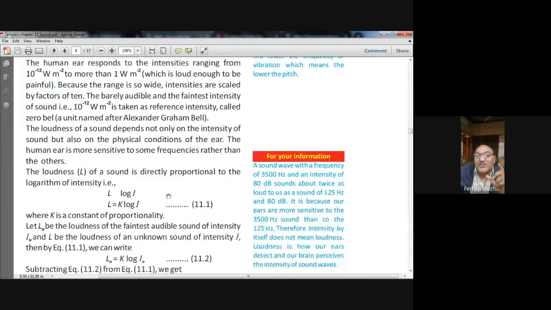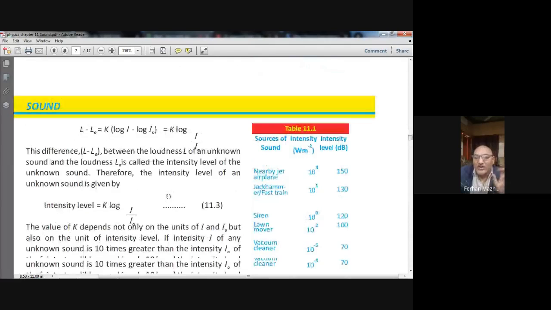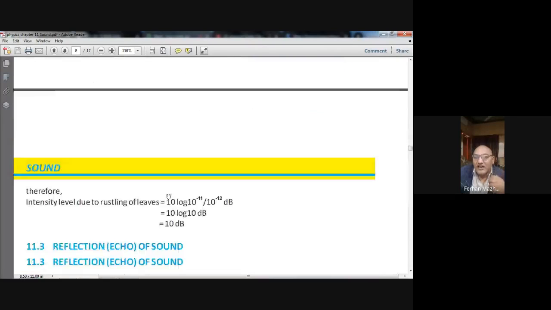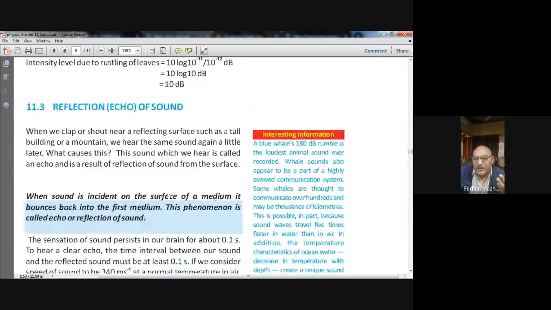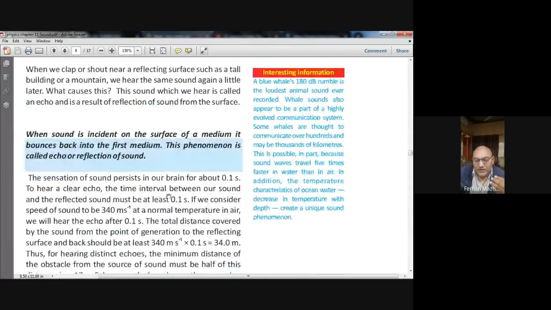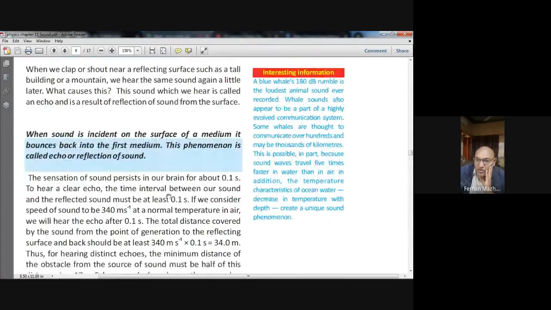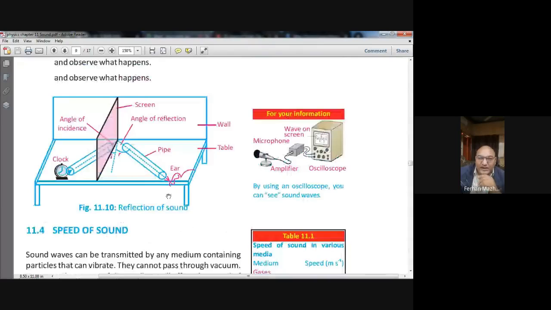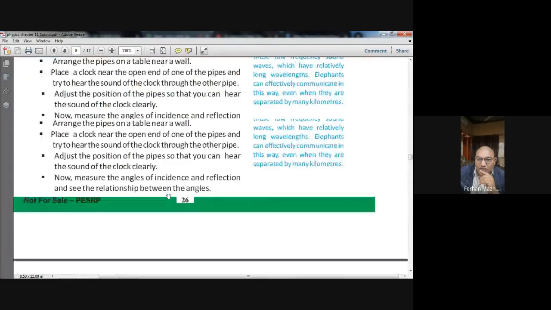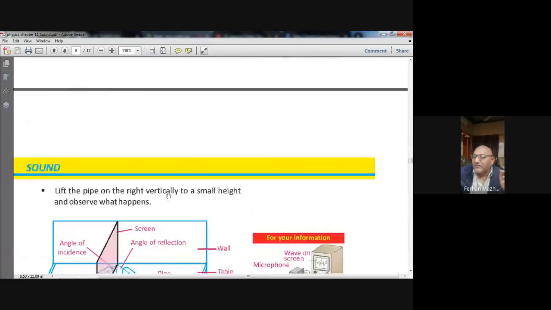You will hear this word many times in your daily life: the music is of this many decibels, the noise is of this many decibels, the air pollution is of this many decibels, okay? So that was this experiment, and we are done with it.